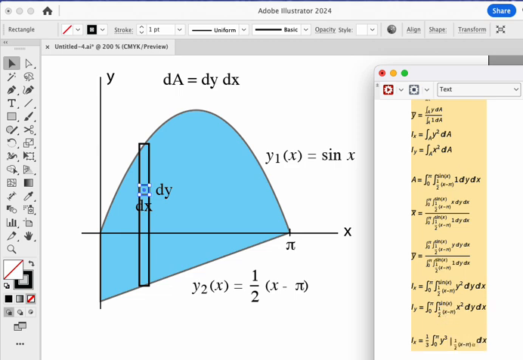So I'm going to integrate it from there to the top, which is just sine x, like that. So I've replaced this entire integral right here with y cubed over 3, but I still have to evaluate it between those two limits right there.